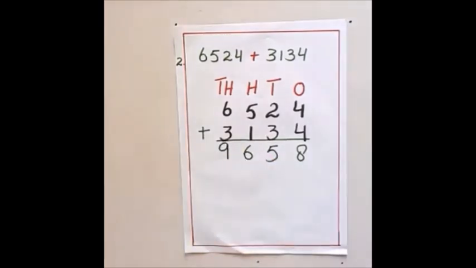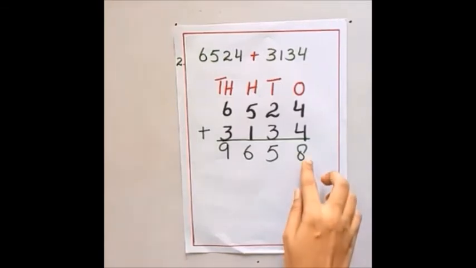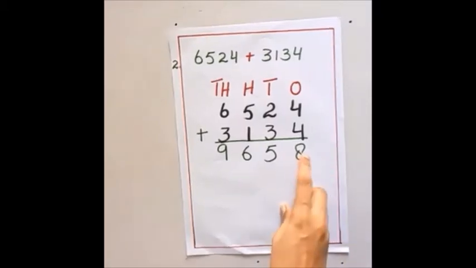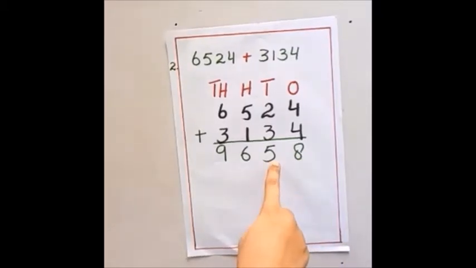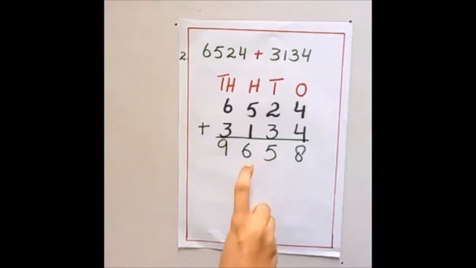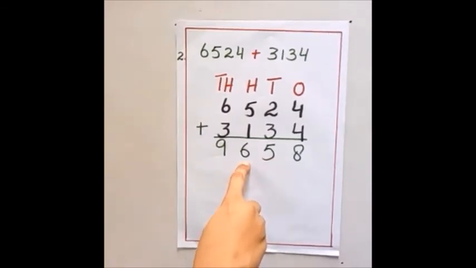So I keep on shifting one place to the left. So starting from the rightmost place, I add the digit and shift one place to the left. Again, I add the digit and shift one place to the left.